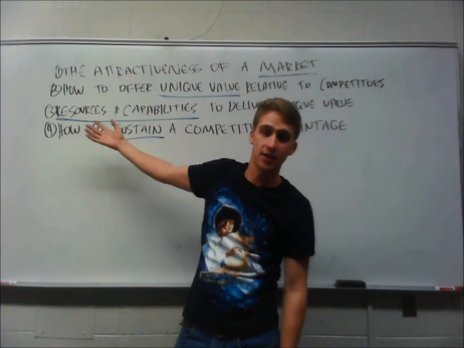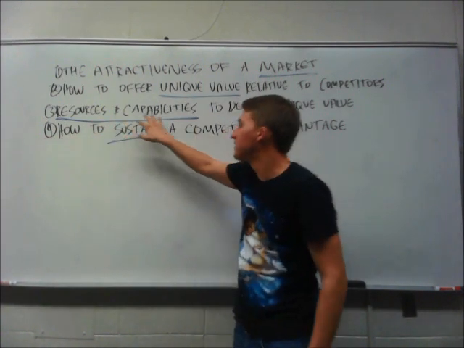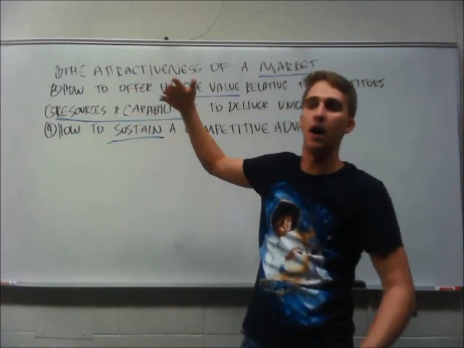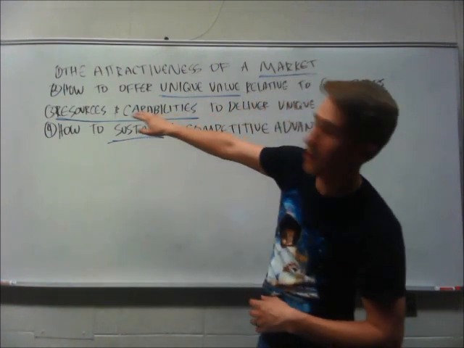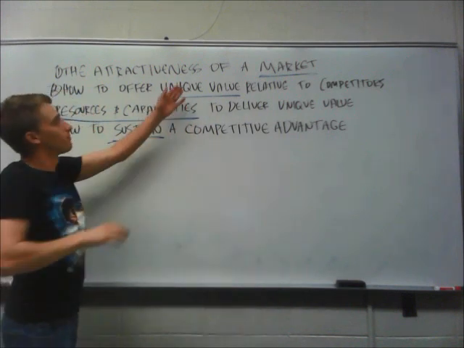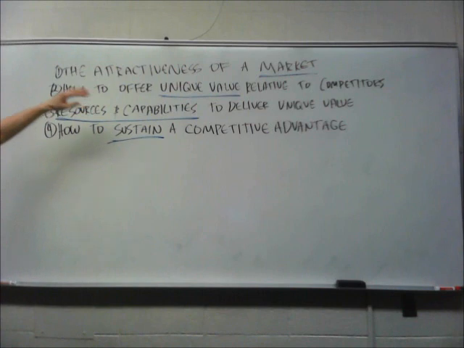Also, cash is a resource, being able to spend money on things. And then capabilities are things like formulas, processes, recipes, the way things work. So how are you going to use those things to deliver the unique value, your value proposition that you came up with in question 1?